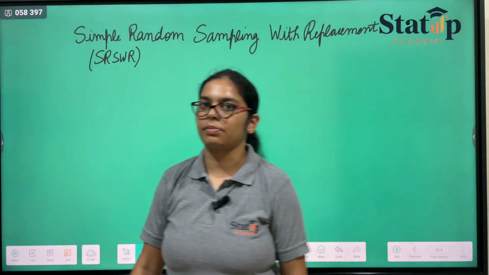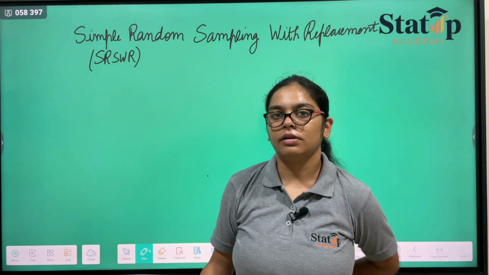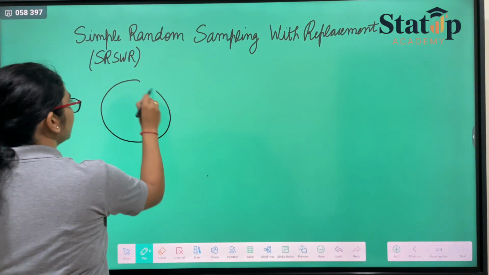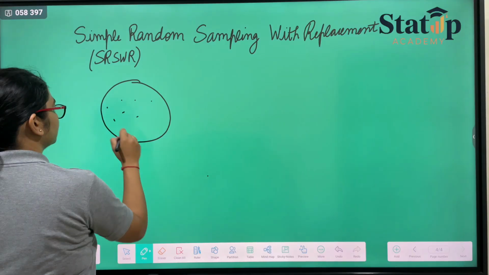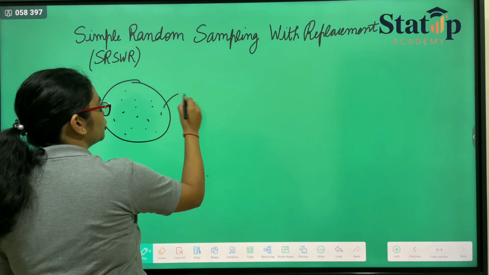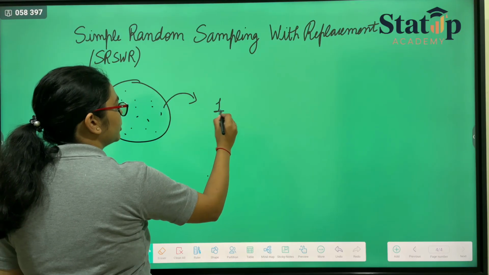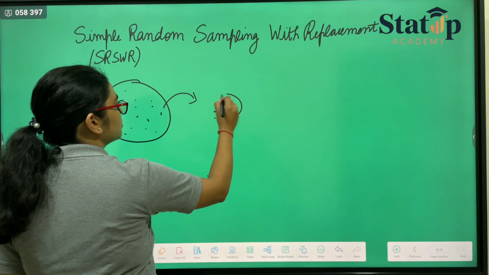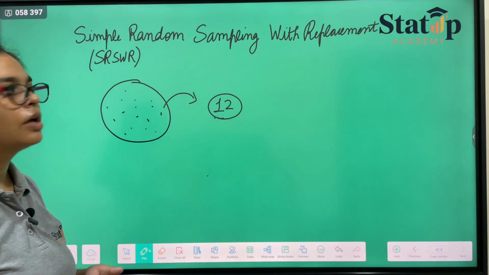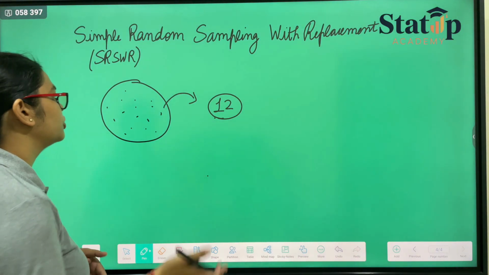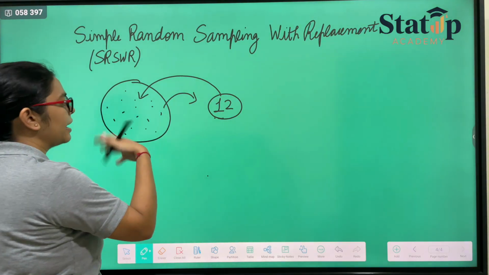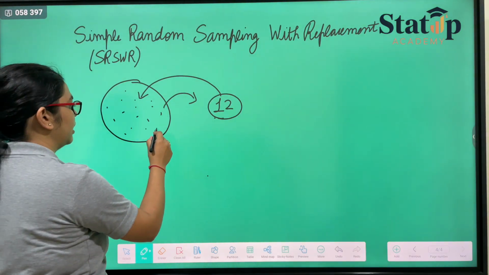What happens in this? Suppose, let us take the same example which we took before. We have a population of a class having 15 students. Now I will take out one chit from this, and it comes out to be roll number 12. Then I will put back the chit in the box, shuffle the box and pick another chit.